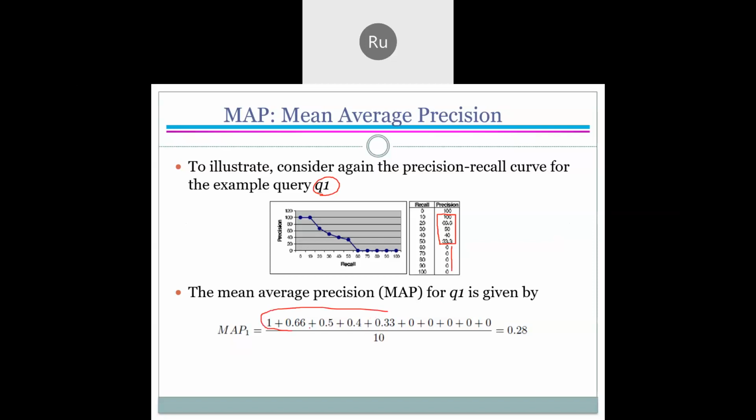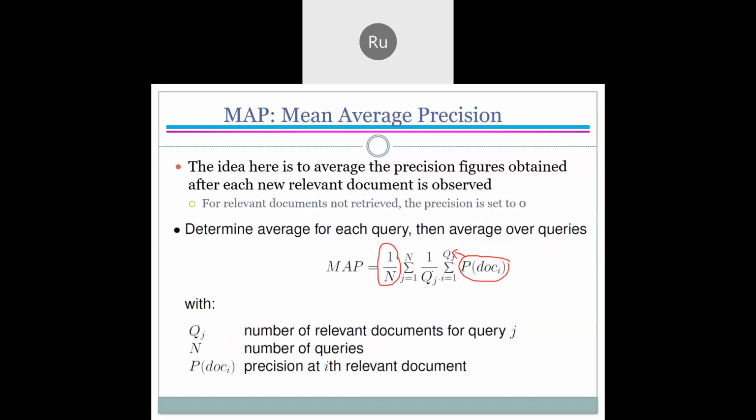So we add up all the values, plus the 0s here, and the 10 here is referring to relevant documents. Not because they are 10, but they are looking at the number of relevant documents. So this Qj is referring to the number of relevant documents for query j.